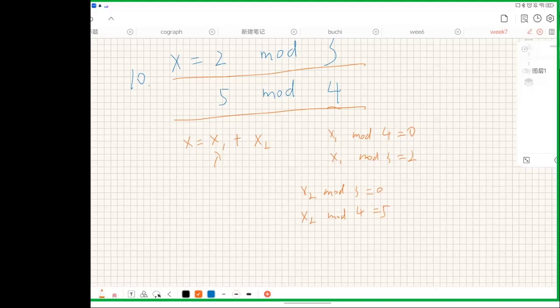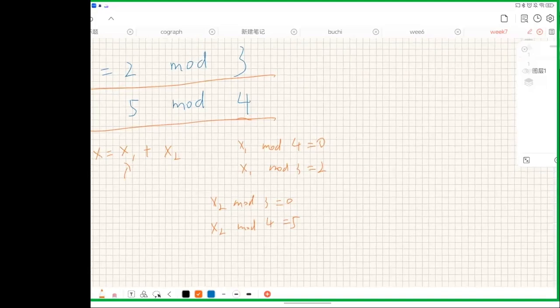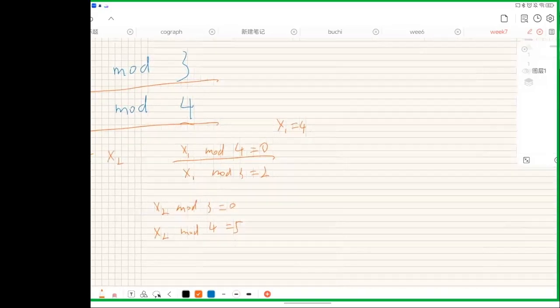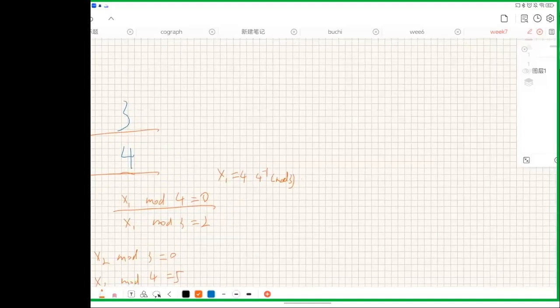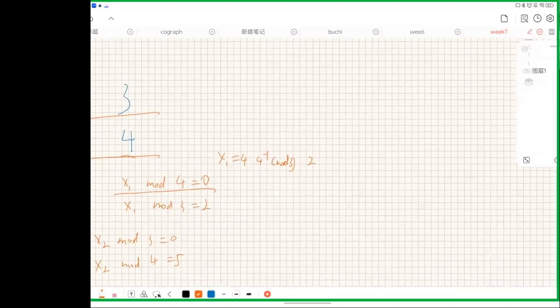But how can we do that? One easy way is to make x1 a multiple of 4. Then its mod 4 must be 0. And then if we multiply by the inverse of 4 mod 3, and then times 2, the result mod 3 will be 1 times 2 equals 2.